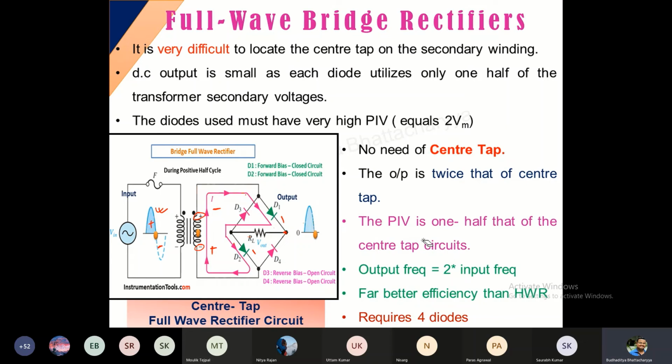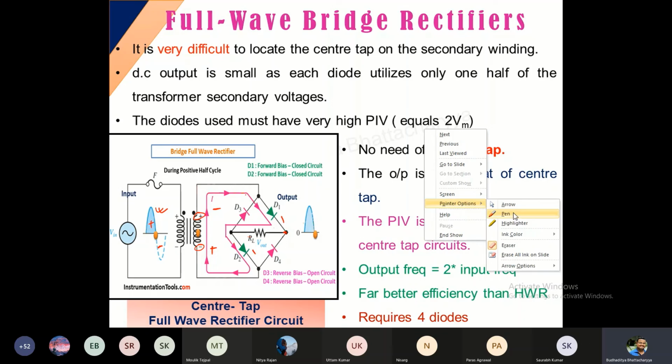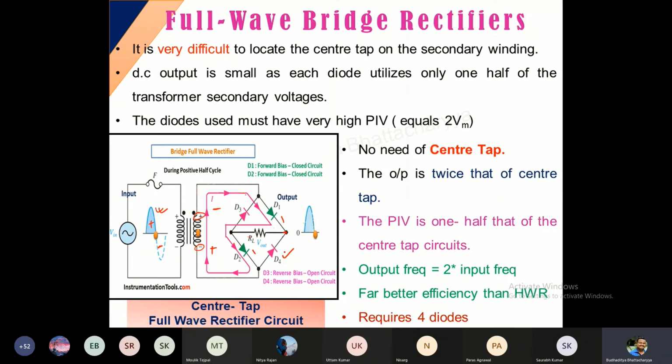So you can see D4 and D3. Just look at it carefully. D4 and D3 will be positive and D1 and D2 will be negative in the second half of the cycle. And as it happens, the second half cycle will also become something like this.